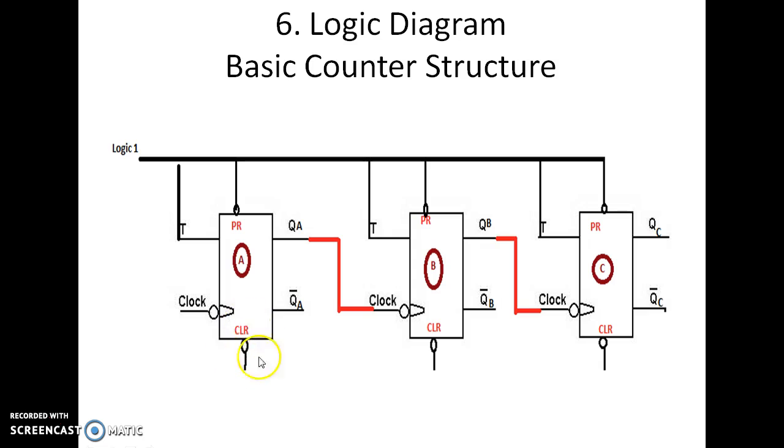Preset and clear are two active low signals. Preset is kept at logic 1. We need 3 flip-flops, flip-flop A, flip-flop B and flip-flop C, to prepare the modulo 5 counter.